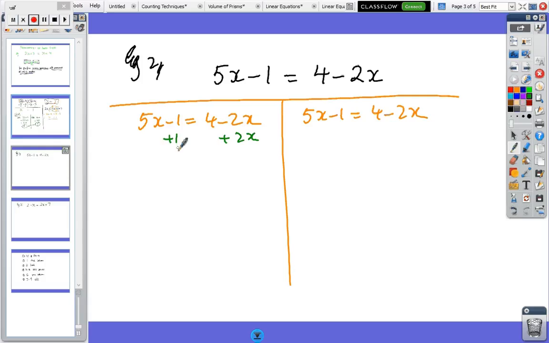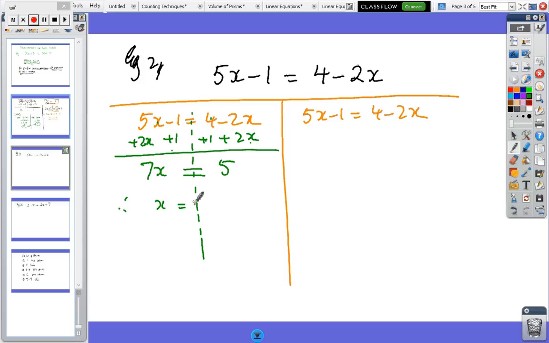But if I put a plus 1 on the left, I have to put a plus 1 on the right. The equal sign is where the dotted line is. If I put a plus 2x there, I need to put a plus 2x there. And now I can draw my line. So 5x plus 2x is 7x, equals 4 plus 1 is 5. And so x, divide both sides by 7, so x is 5/7.